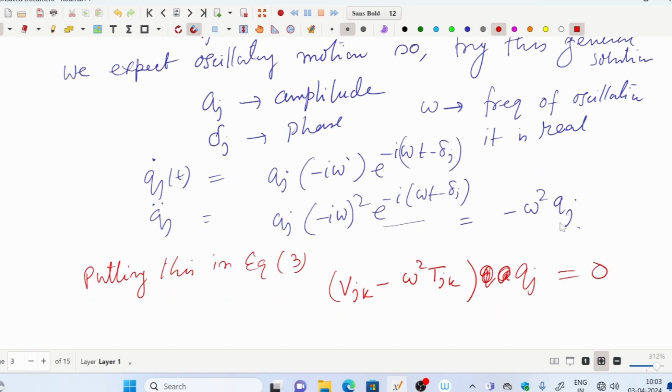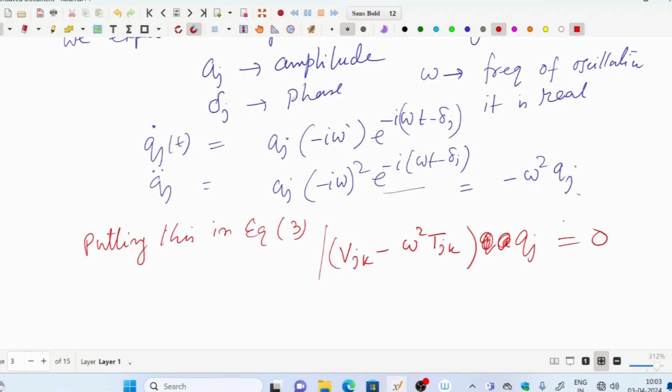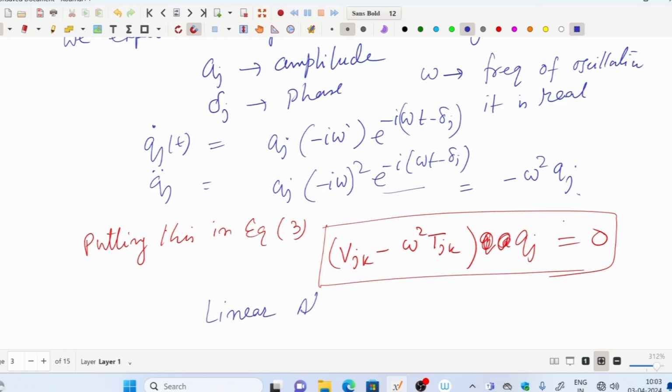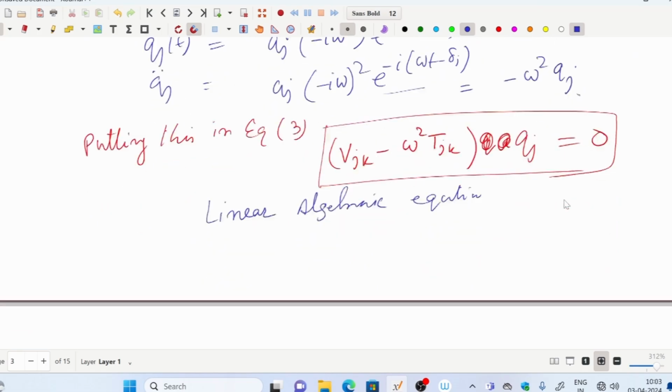So you get a linear algebraic equation. Let us denote this as equation 5.